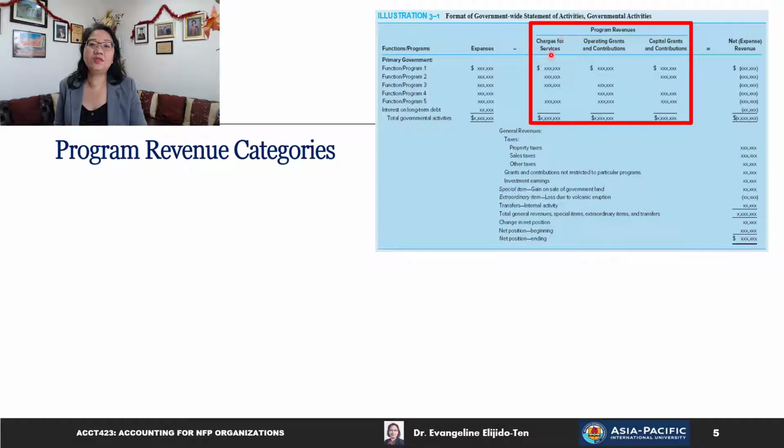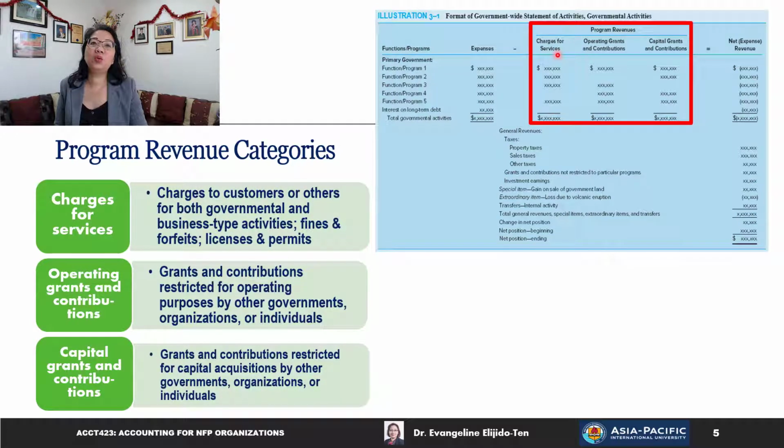Now looking at program revenue categories, you will notice that there are 3 main categories there. Charges for services pertain to those charges to customers or other governmental business type, or even for fines, forfeits, licenses, and permits. Operating grants and contributions, on the other hand, are donations made by another government body or an individual, and it is restricted for operating purposes only.